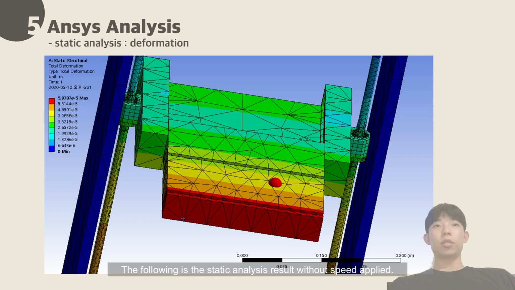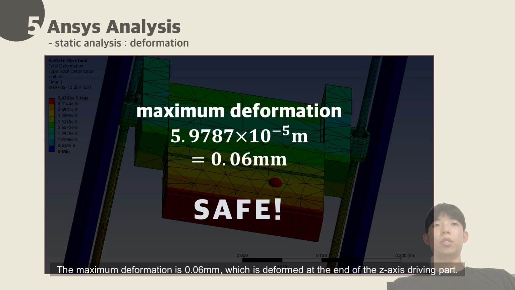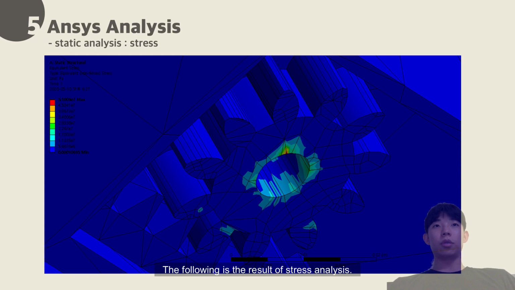The following is the static analysis result without speed applied. The maximum deformation is 0.06 mm, which occurs at the end of the z-axis driving part. But in our rail structure, it can be supported, so it is judged to be smaller than 0.06 mm. The following is the result of stress analysis.